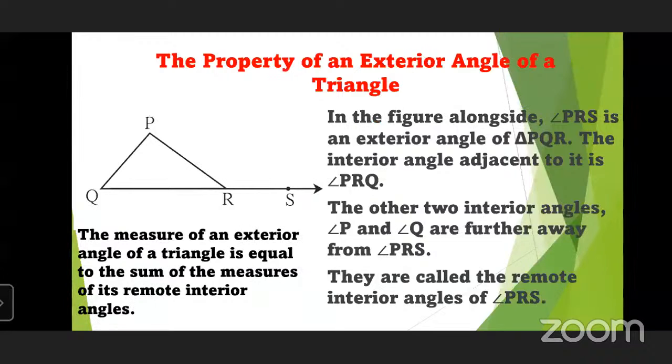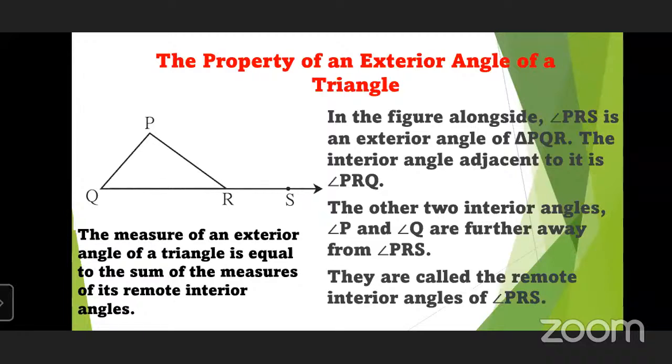In the figure alongside, angle PRS is an exterior angle of triangle PQR. Now the side at R has been extended, and that made angle PRS.